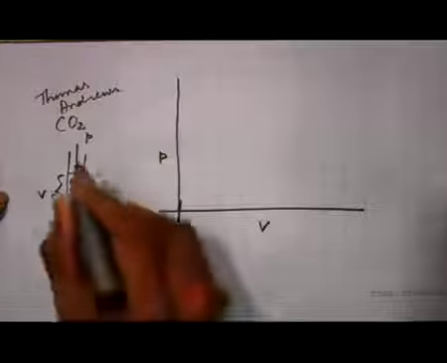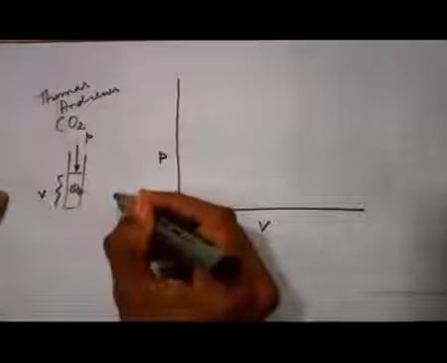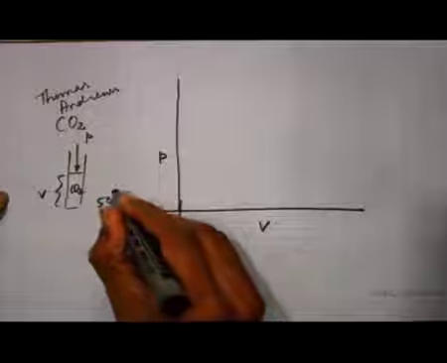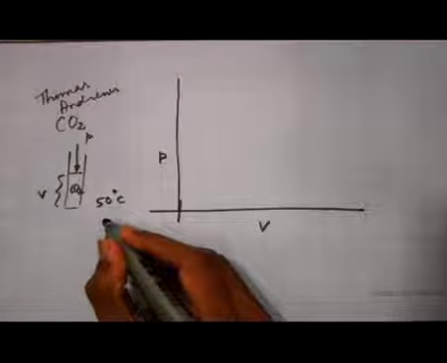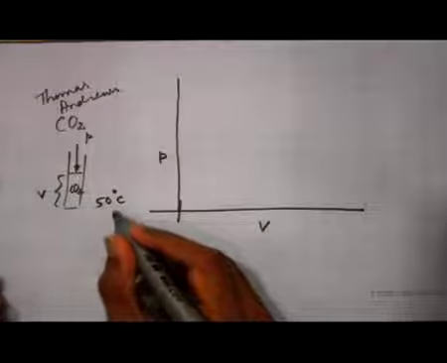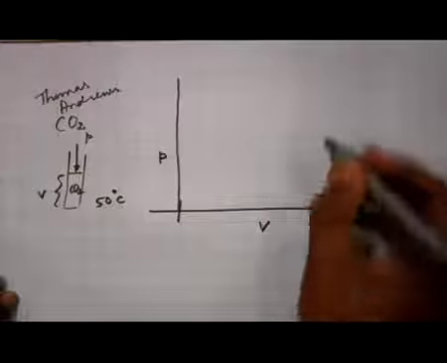Let us take a temperature of something like 50 degrees Celsius for carbon dioxide. At 50 degrees Celsius, carbon dioxide under normal conditions exists as a gas. If you looked at the pressure-volume relationship, what do we get?